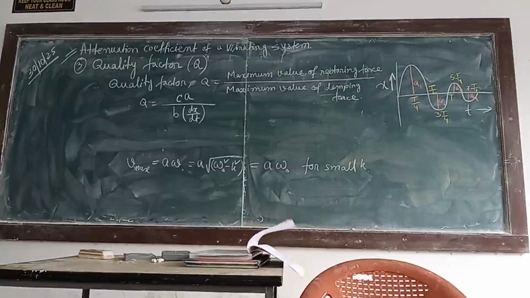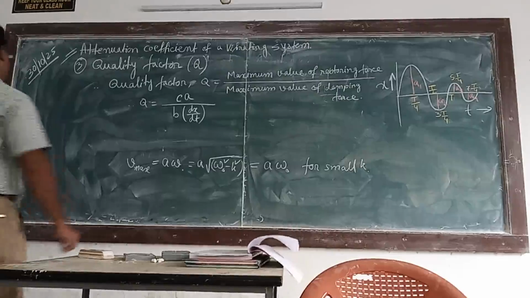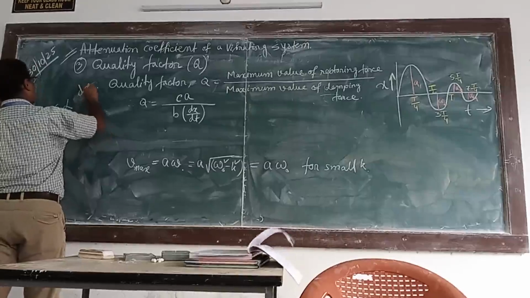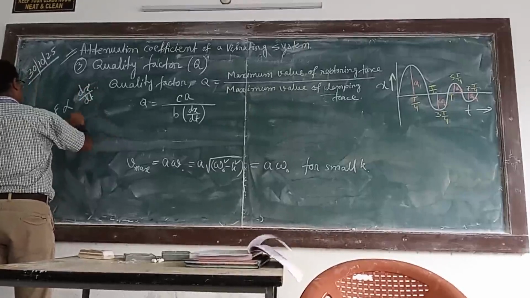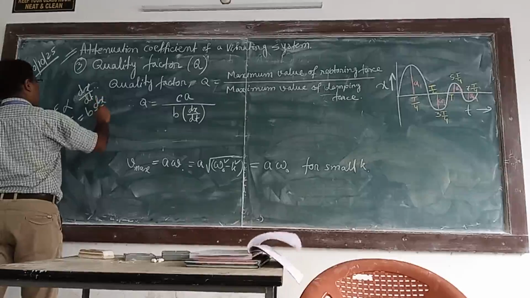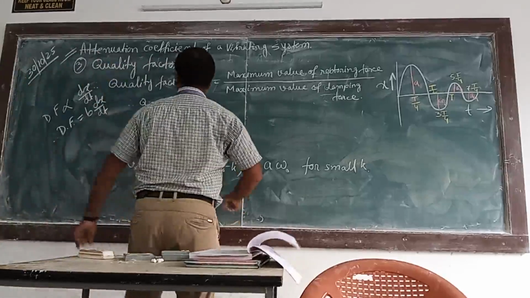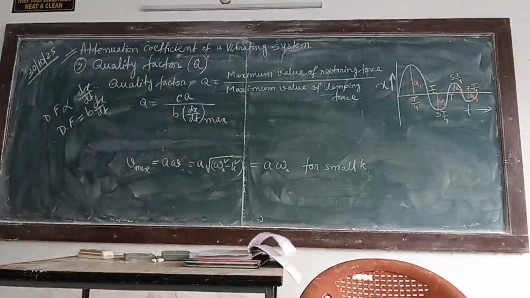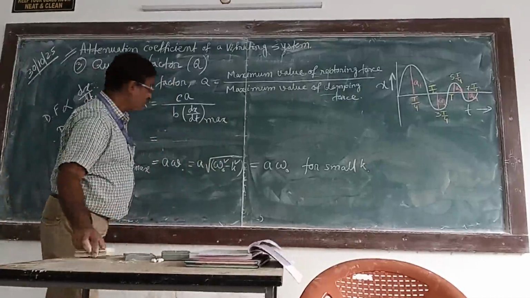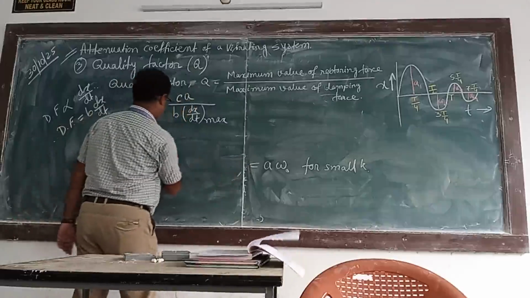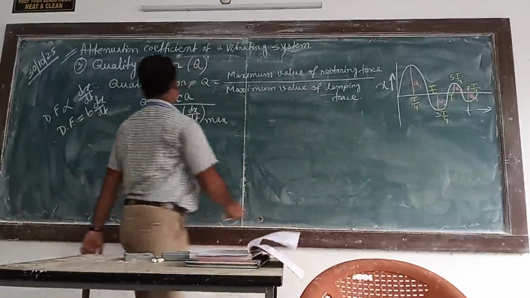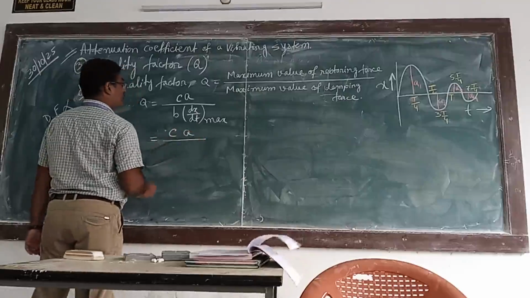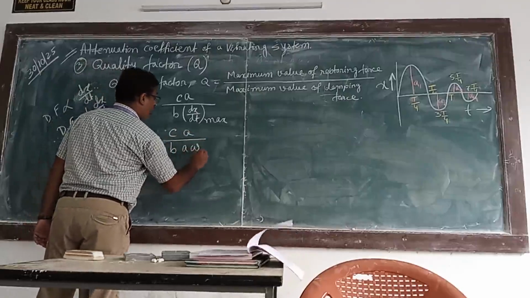Therefore, damping force equals B dx/dt. Now the maximum value of damping force is with V max, so Q equals C into A divided by B into A omega naught.